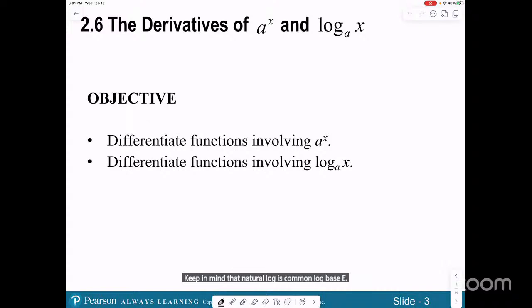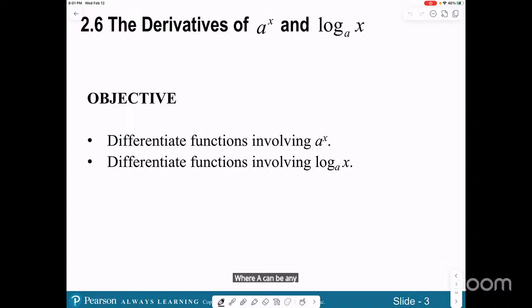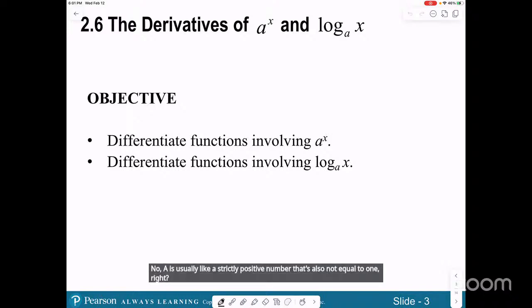So now instead of the base being e in either case, we're doing general bases. So base a, where a is usually a strictly positive number that's also not equal to 1. A negative base doesn't fit in this. 0 doesn't fit as a base. Negative 1 doesn't fit as a base either.